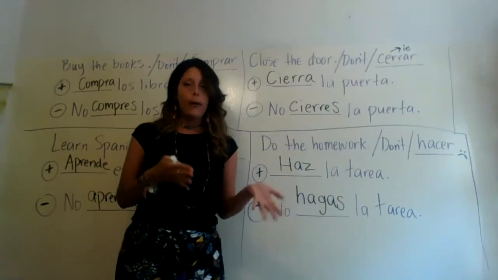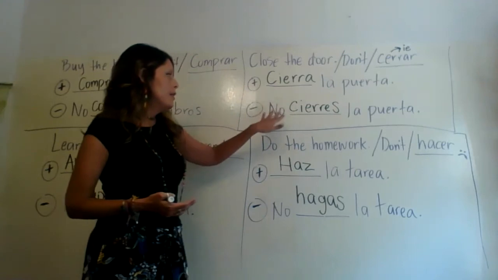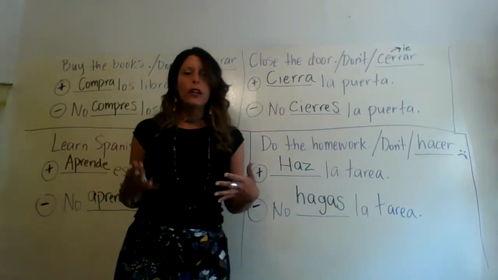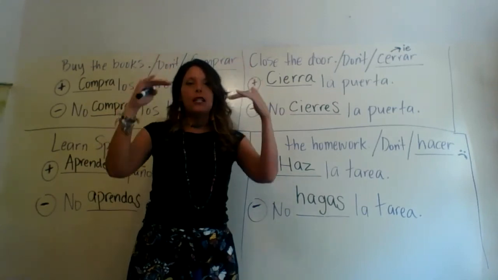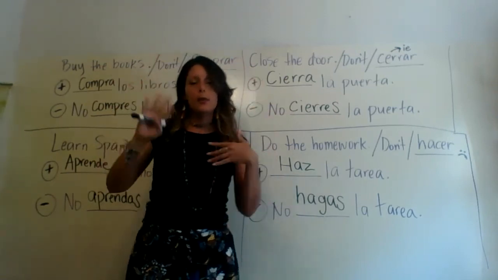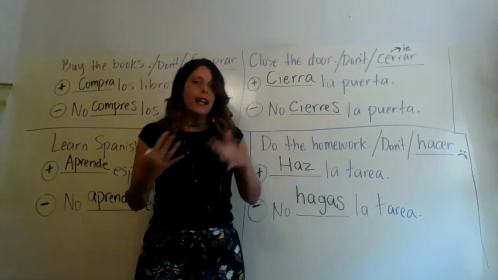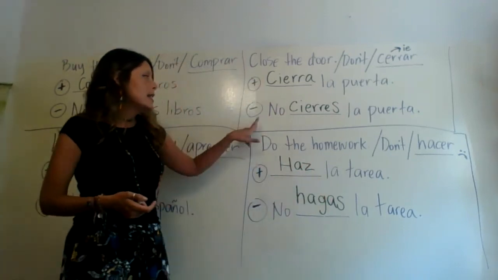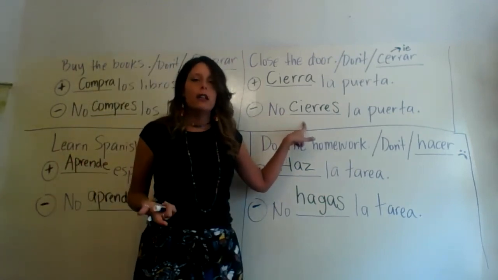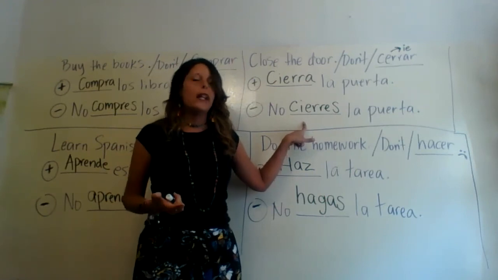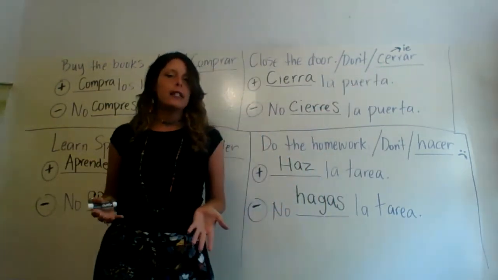For the negative, even though it looks like this or this did something weird, it fits into a category and we can still follow all these steps: step 1, step 2, step 3, make a formal command, and then add an S to get to the negative. So no cierres is not an irregular. It just happens to be, if you're paying attention, an E to IE stem change verb categorization.